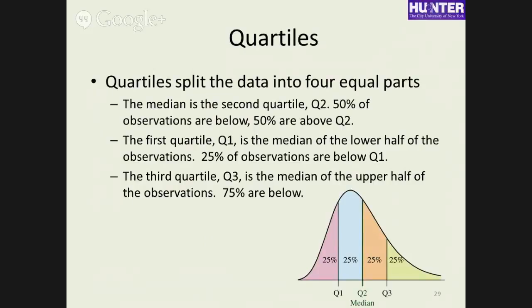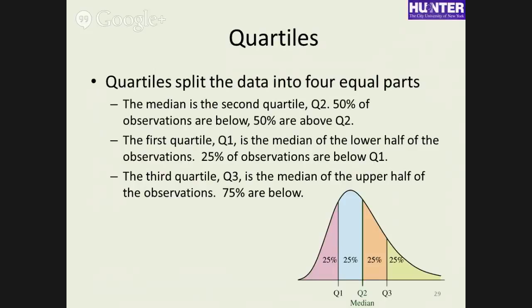And the quartiles, again, split the data into 4 parts. The first quartile gives you the smallest quarter of the data. The second quartile, between Q1 and Q2, is the quarter that's just below the median.